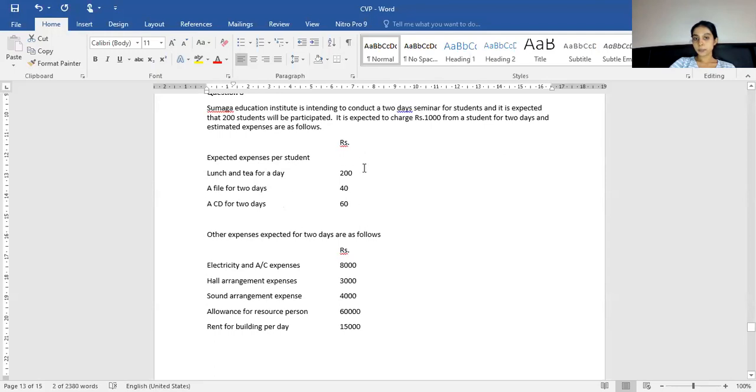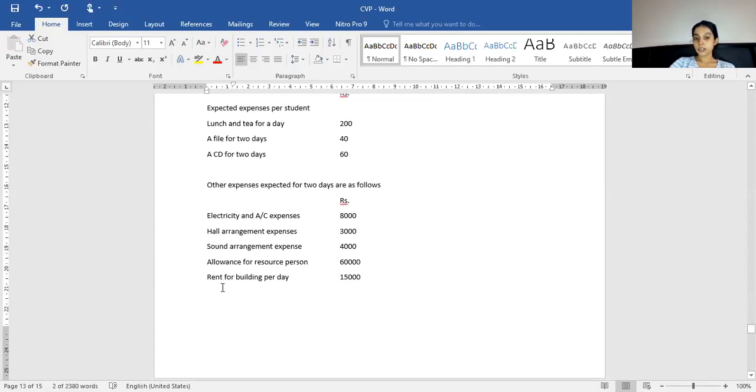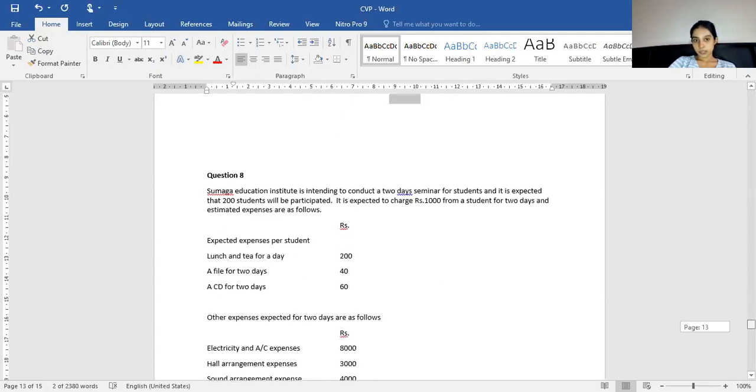So here, per student means these are variable costs, and other expenses expected for the 2 days are also given. So in nature, all these costs are fixed costs. Electricity, hall arrangement, sound arrangement, allowances for resource person, and rent for building per day is given. So it is to conduct a 2-day seminar. So we have to get the total for 2 days.